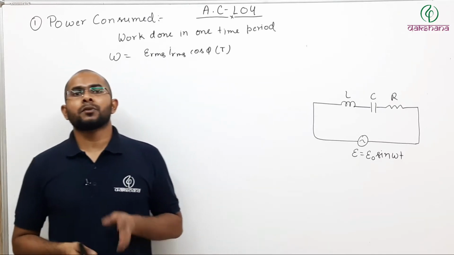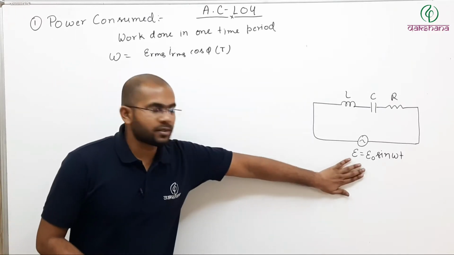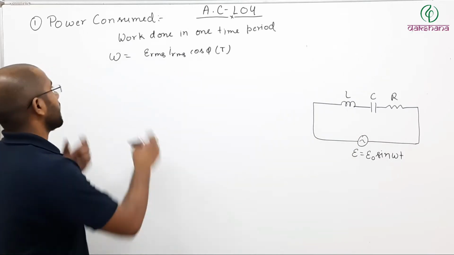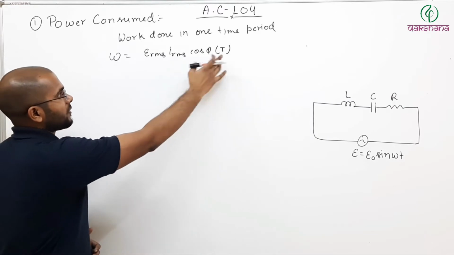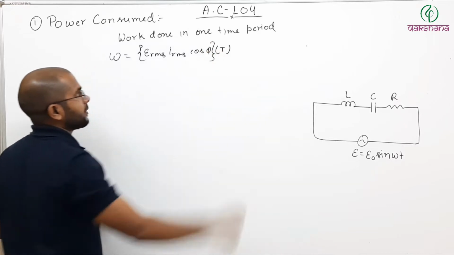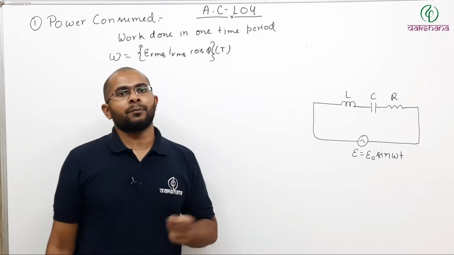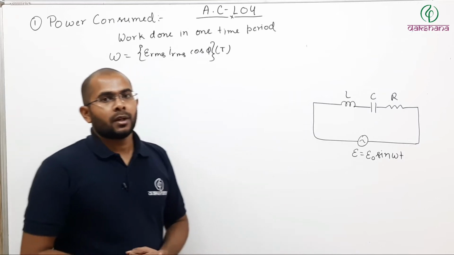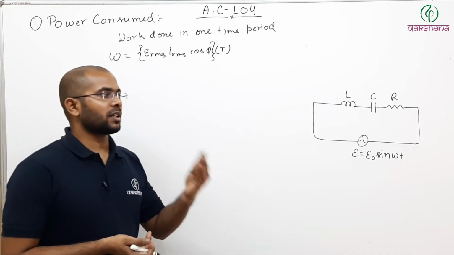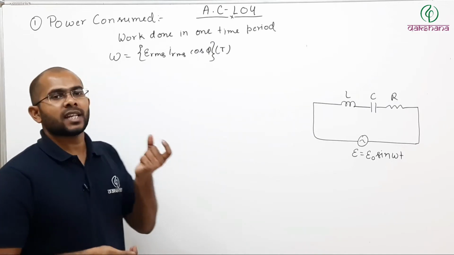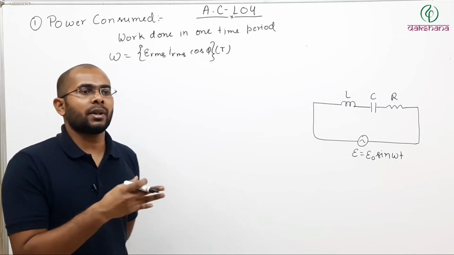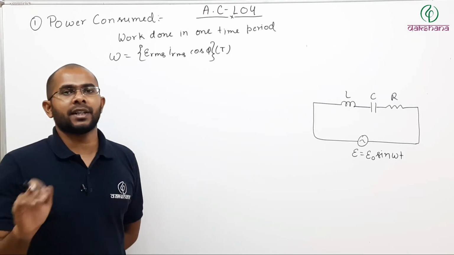So we have discussed what is work done by this AC power source in this circuit in one time period. Work done is ERMS, IRMS, cos phi, and this whole multiplied by capital T, where capital T is one time period of this source. Now what is power? Power is nothing but rate of work done. So if one cycle time period work done is this much, average power can be written as total work done divided by time taken.